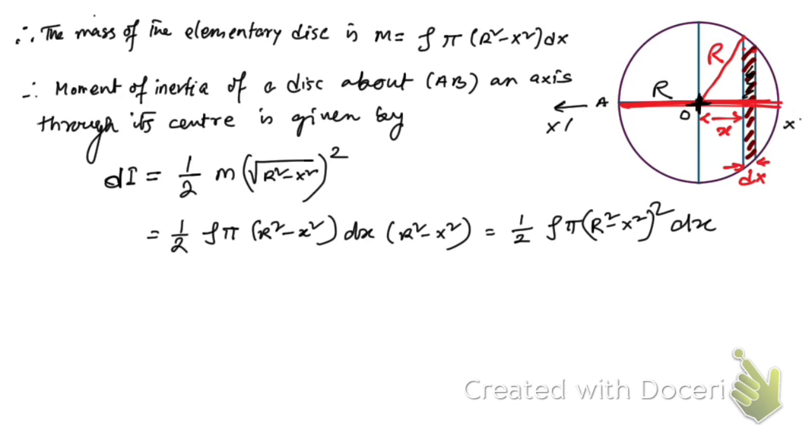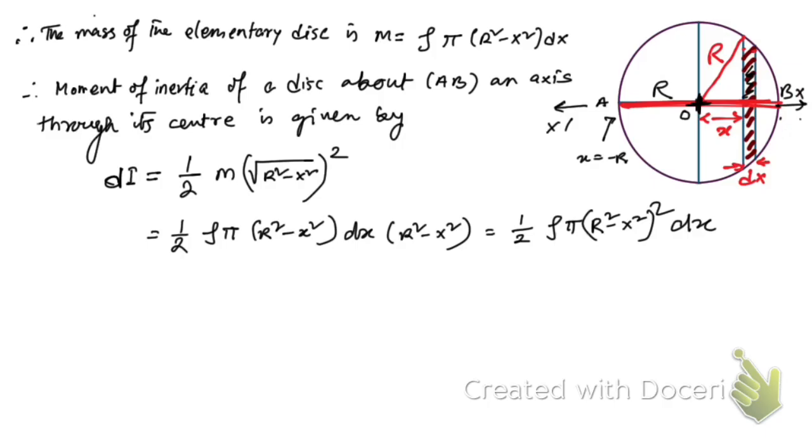This point is B. So we're going to integrate from x equals minus r to x equals plus r.